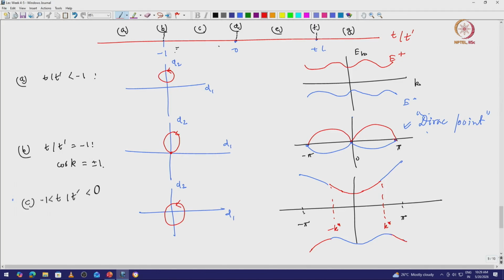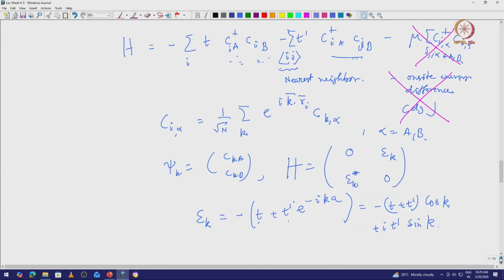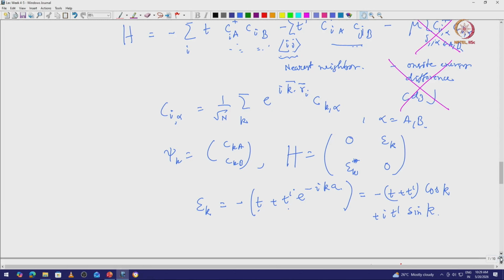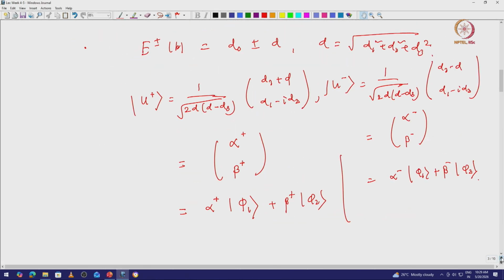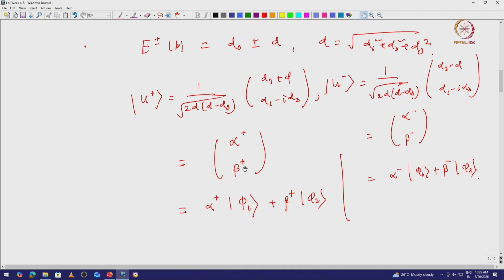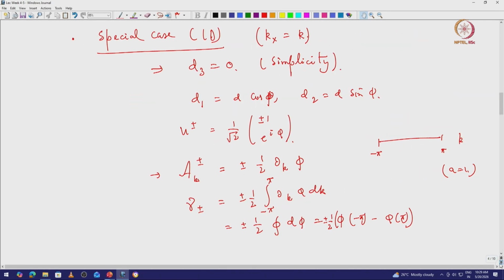So, you will see the bands will have this change of curvature. Band will remain band, it will still remain E minus and E plus, but if you look into the weights, which are nothing but these weights, here D2 equal to D3 equal to 0.